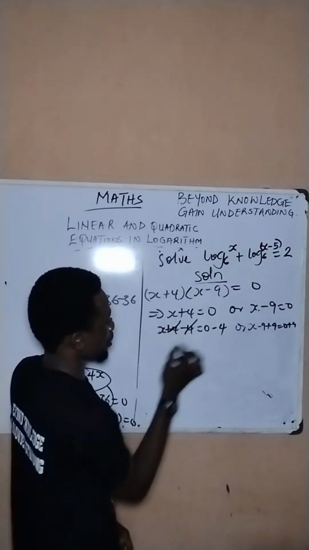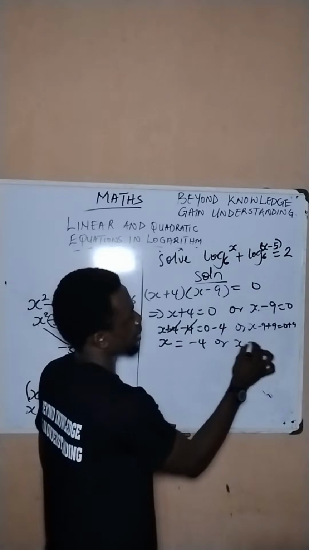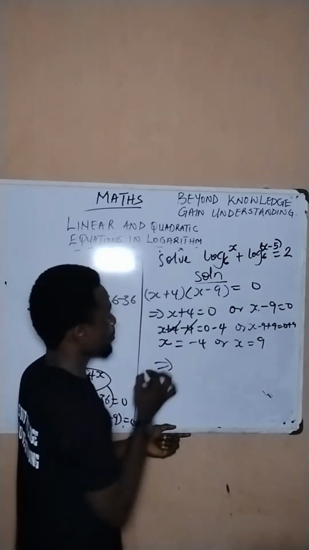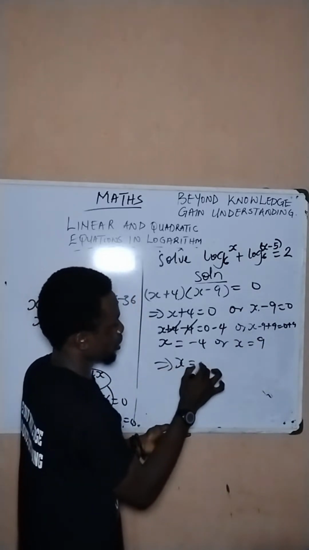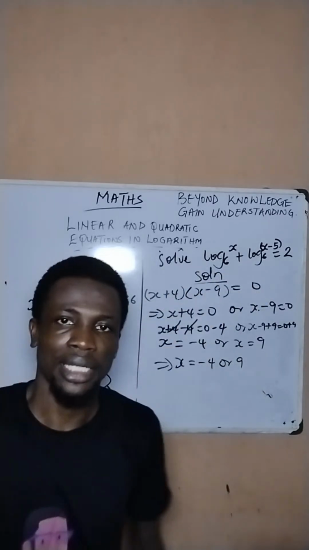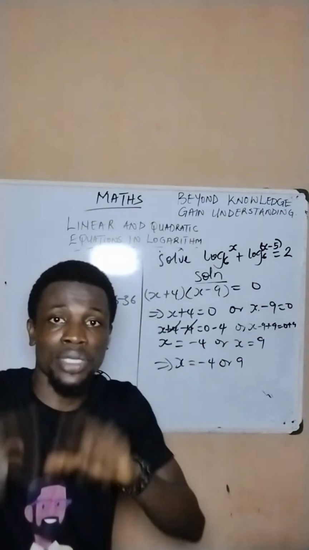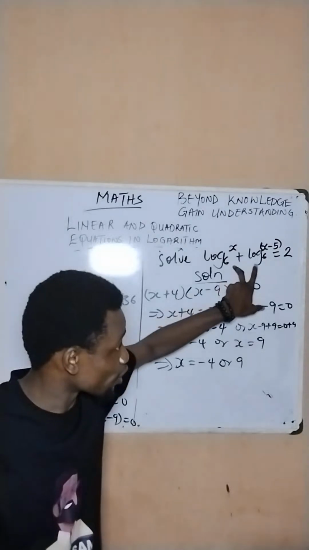This implies that x is equal to negative 4, or that x is equal to 9. So this implies that x is equal to negative 4 or 9. For this given expression, there are two values that will satisfy it to be equal to 2.